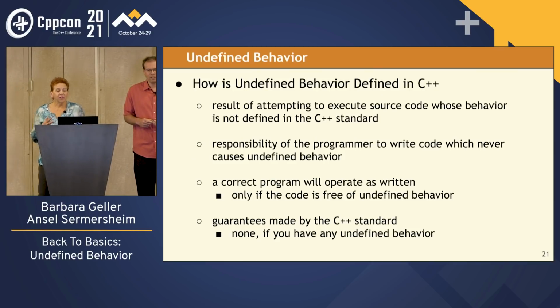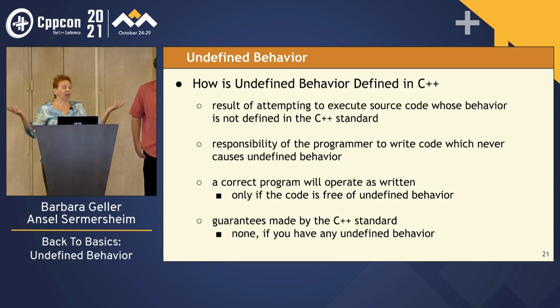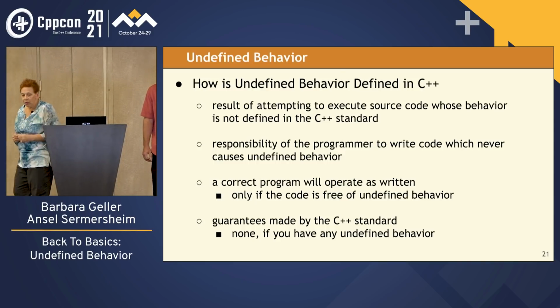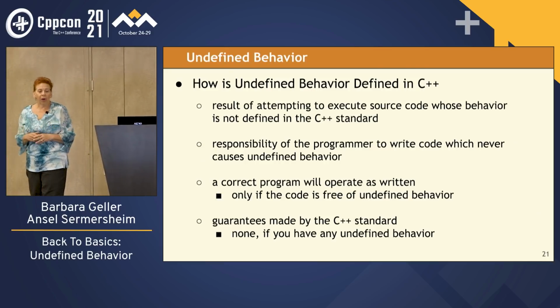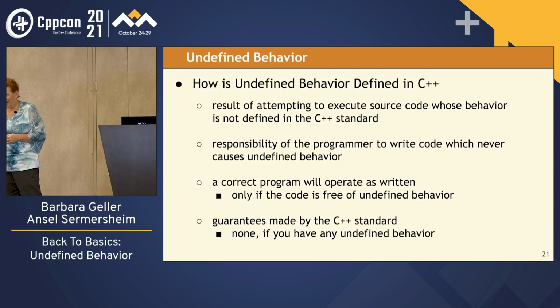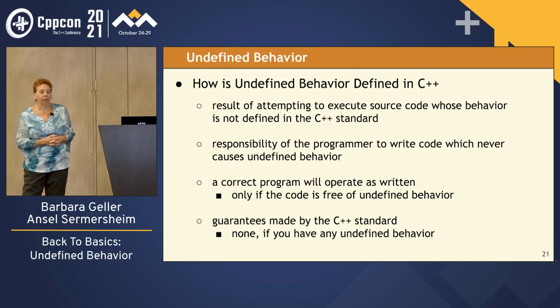So how is undefined behavior defined by C++? The result of attempting to execute code whose behavior is not defined within the standard. It's a little redundant, but that's what it is. Now here's the thing. It is the responsibility of programmers to write code which never causes undefined behavior.